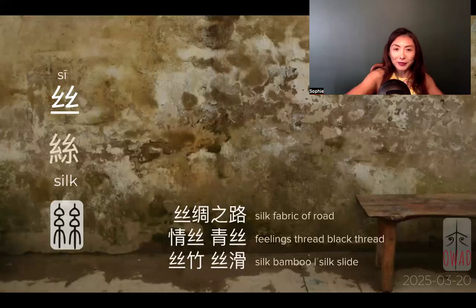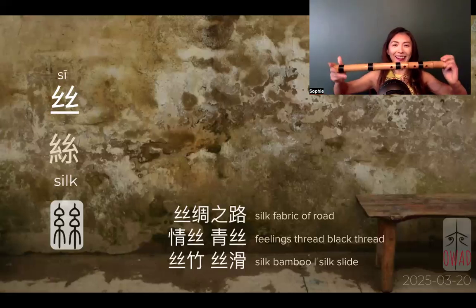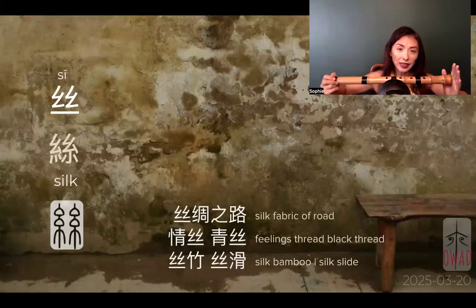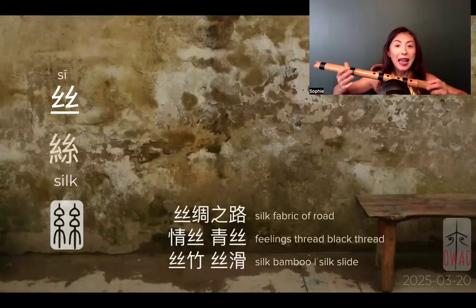Okay, 竹, I have. Ta-da! Okay, this is a shakuhachi. It's not a Chinese musical instrument per se, but somebody said the shakuhachi, this Japanese instrument, originated from China and is made of bamboo. Not surprisingly, bamboo is a common material, readily available, and can be used as an instrument.